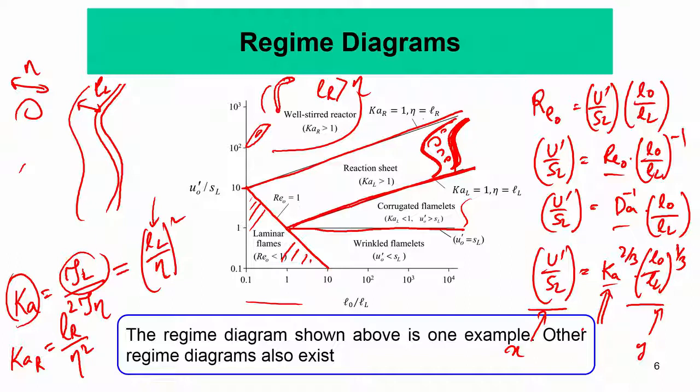Then the flamelet structure is completely destroyed. Even the reaction zone structure does not behave like that of a laminar flame, and it behaves like a distributed flamelet. The flame becomes distributed into several parts, and it approximates a well stirred reactor. Okay. So, this part is called the well stirred reactor regime. Other regime diagrams also exist. The above is just one example.